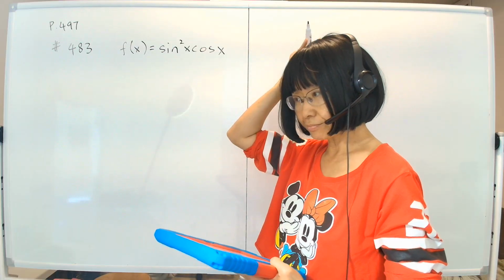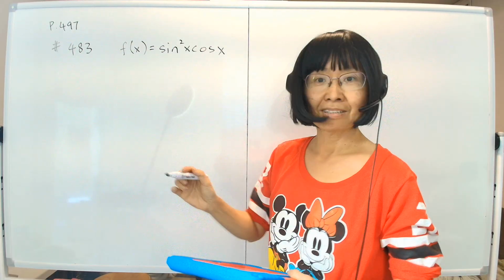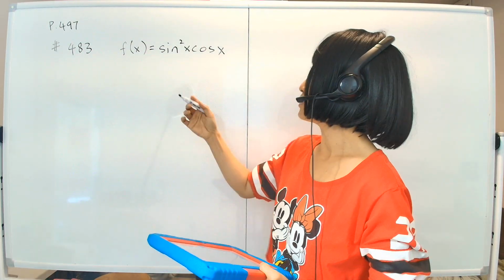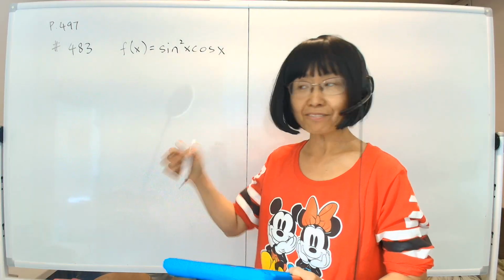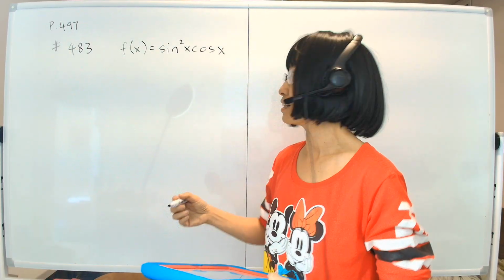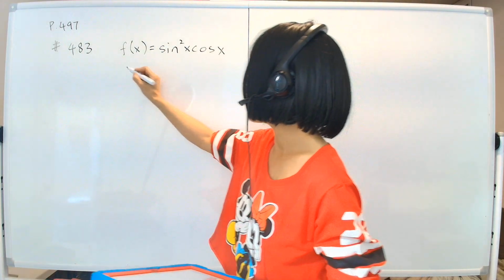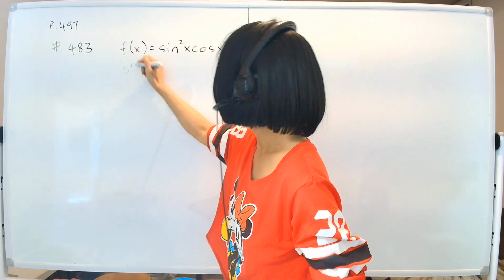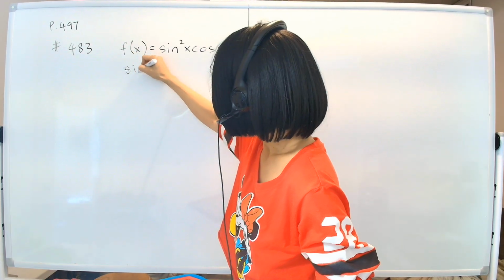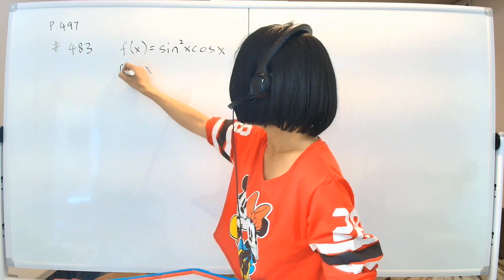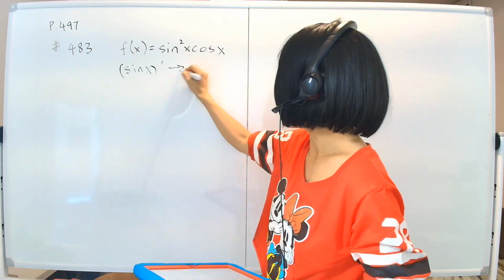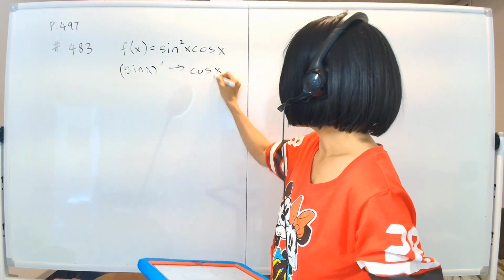The way you solve this kind of problem is you stare at it for a while and think about something like, if you take the derivative of sine x, that becomes cosine x, which is fine.